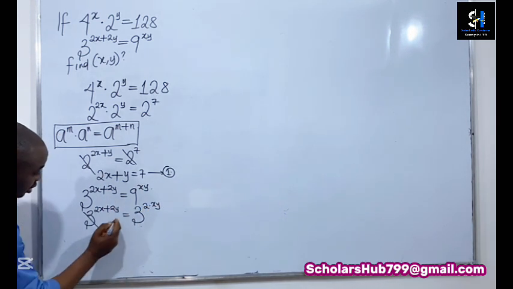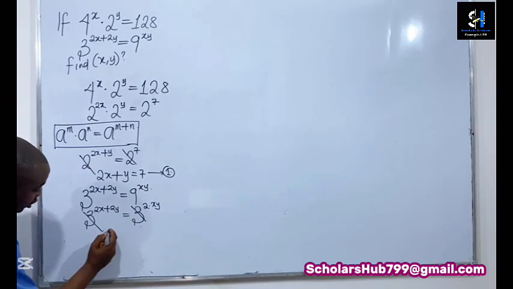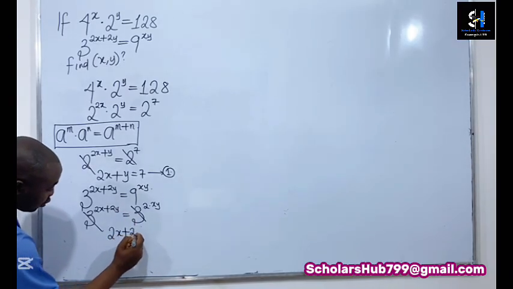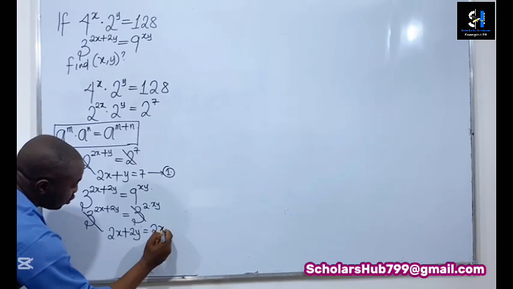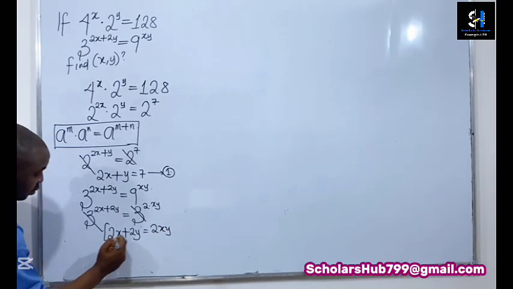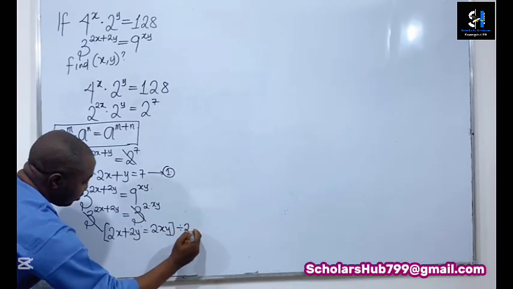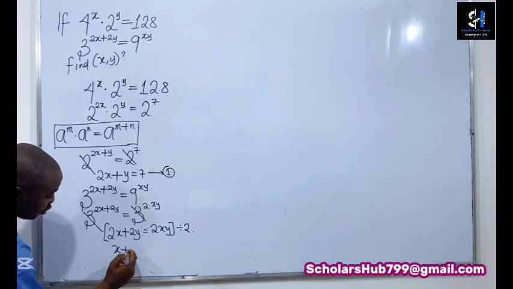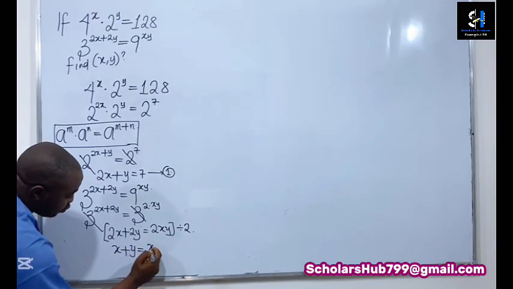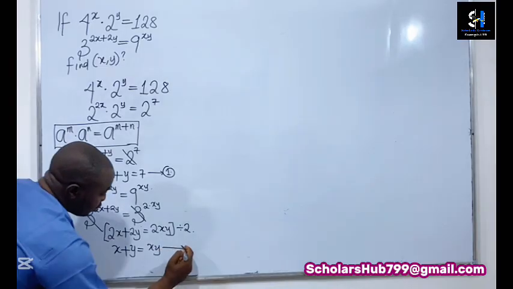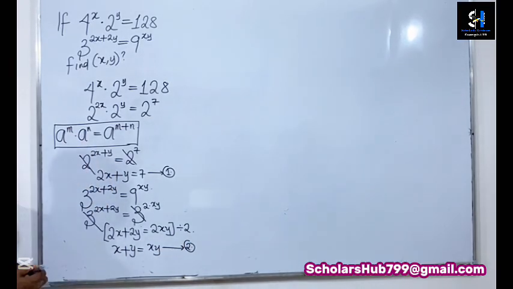Okay, then this equation will now reduce to 2x plus 2y equals 2xy. Now we can divide this equation by 2 so that we can have a new equation which is x plus y equals xy. So this will be our equation 2.